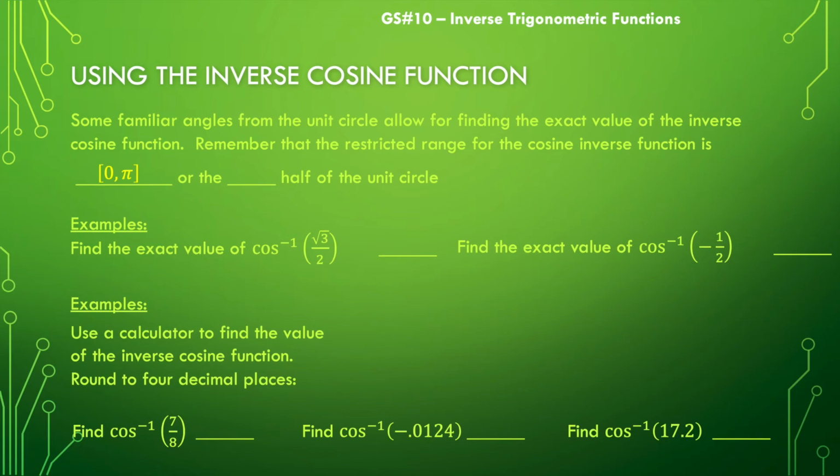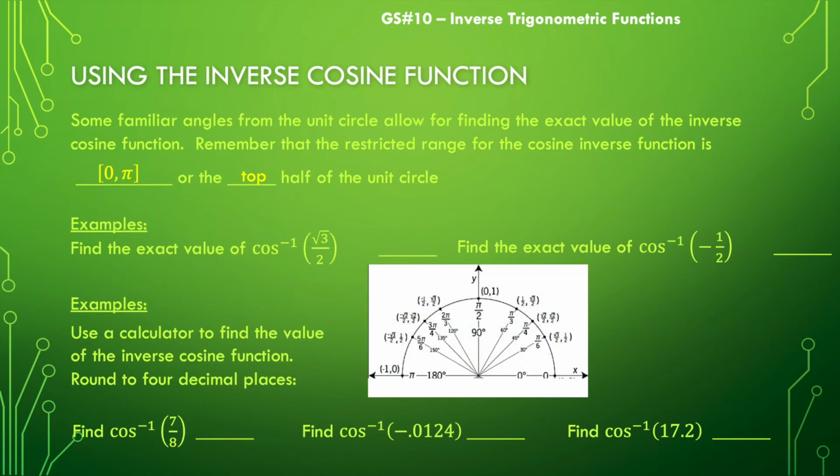That's our restricted domain on the cosine function, so it's our restricted range on the cosine inverse function. And remember that 0 to pi is the top half of the unit circle. So we are going to be thinking about only angles that exist on the top of the unit circle. So we're focusing our attention on these values.